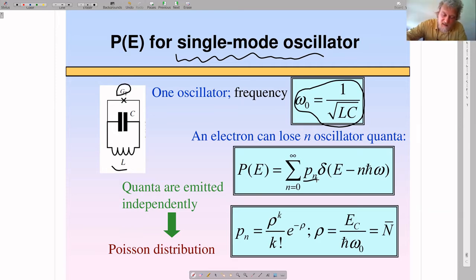That's why this function P of E is made from delta-function peaks, and the coefficients just give the probabilities to excite a certain number of quanta.